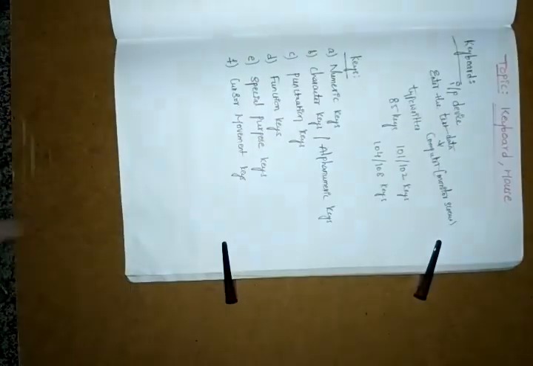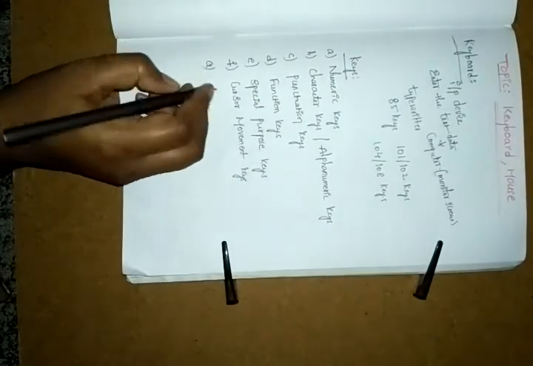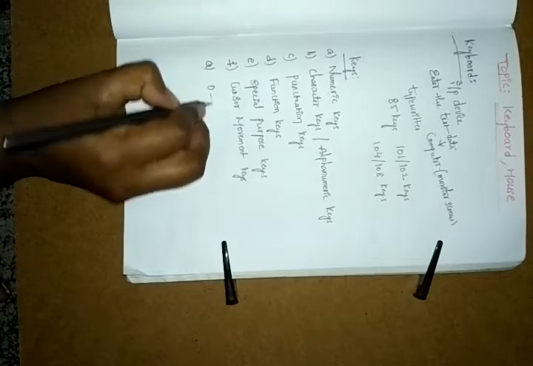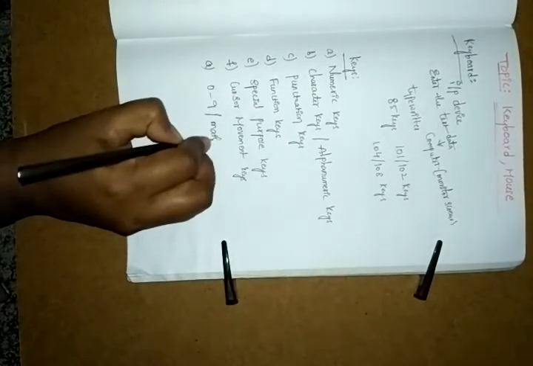Once you are entering any key, you have to use the shift key when taking capital letters. So here I will write that. Suppose in the numeric area we use 0 to 9 digits, and also the mathematical functions.